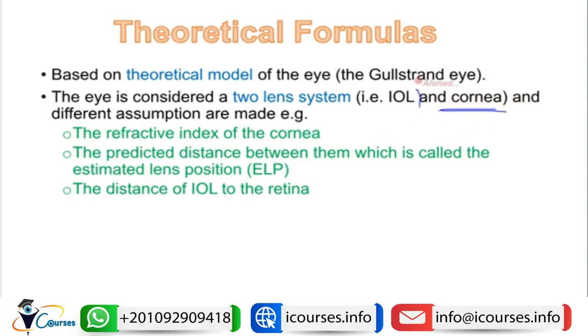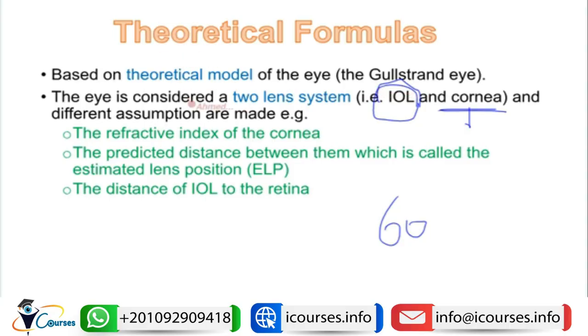And since we remove the lens by the cataract extraction, the second refractive medium will be the intraocular lens. So based on the Gullstrand eye, assuming that the eye has about 60 diopters of power, and we know the power of the cornea, we can calculate the power of the intraocular lens.